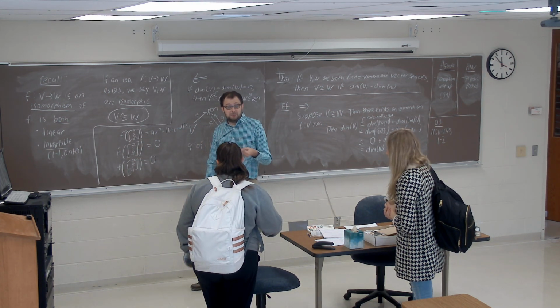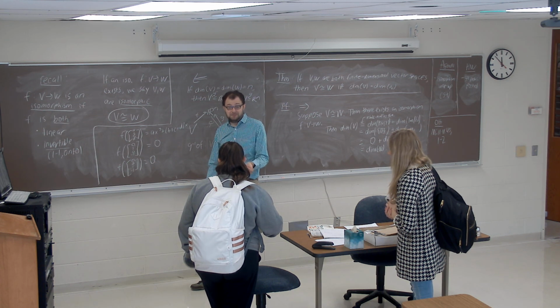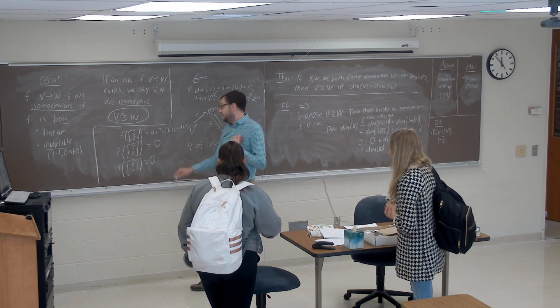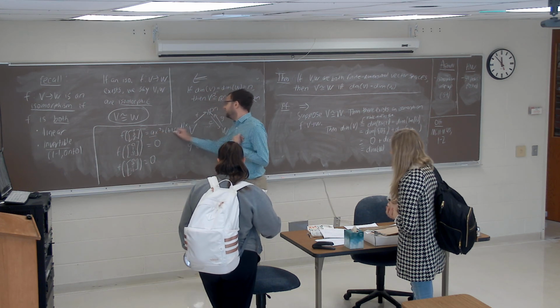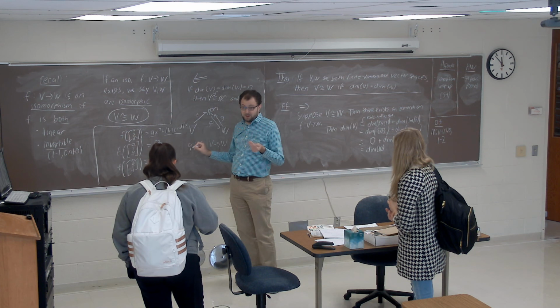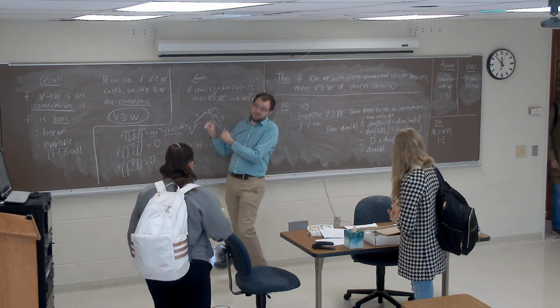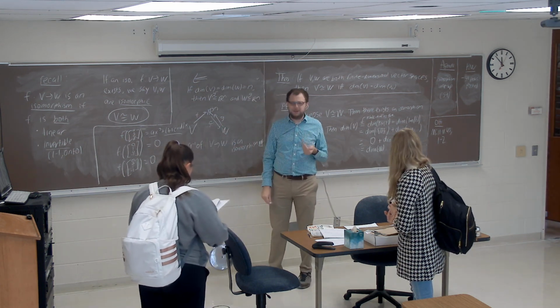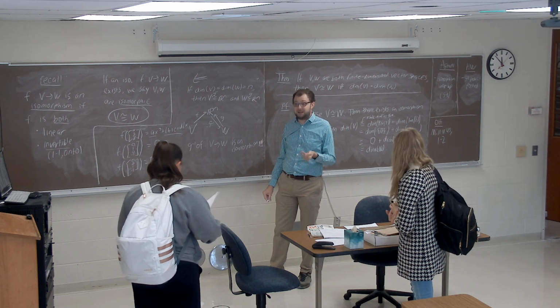And probably the easiest way to do this problem is actually to use rank nullity and say that the image of this function is going to be 2-dimensional. And then since the domain is 4, 4 minus 2 equals 2. That's probably the easiest way to do it if finding the nullity directly is difficult.